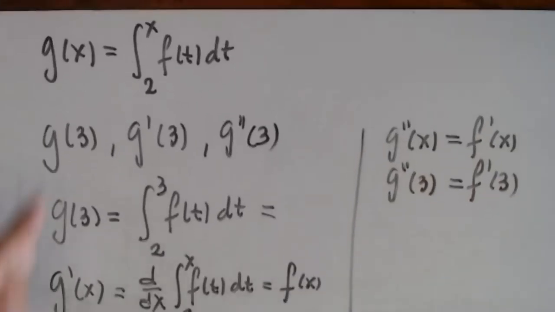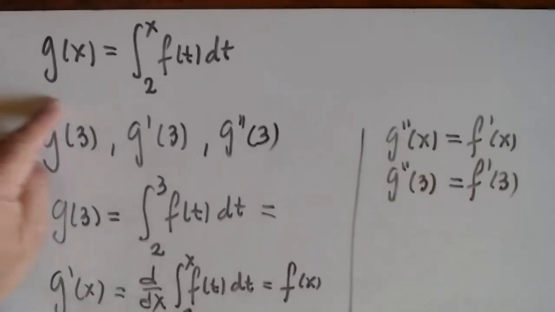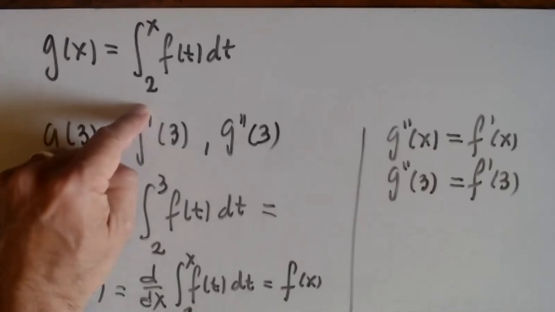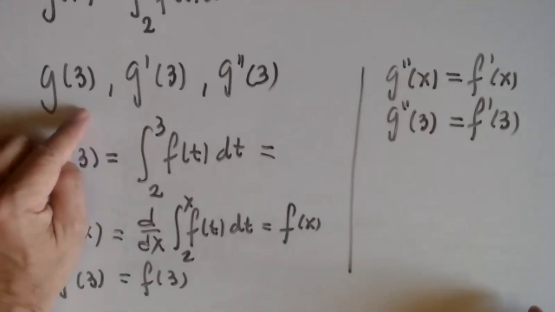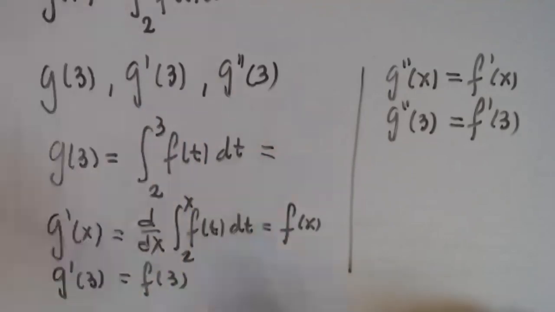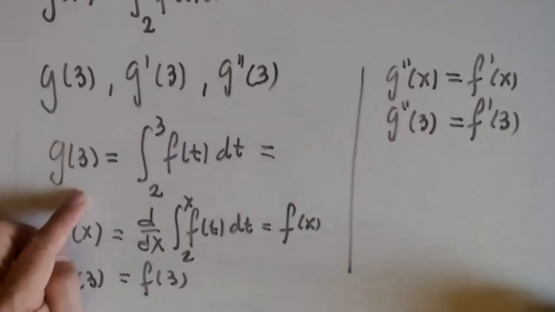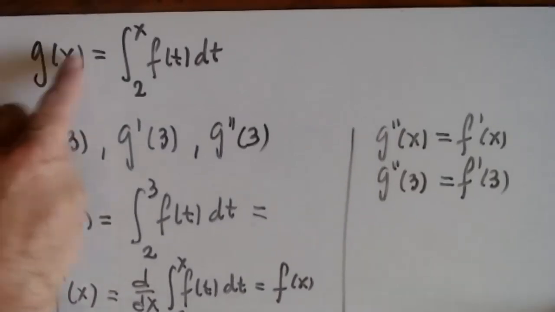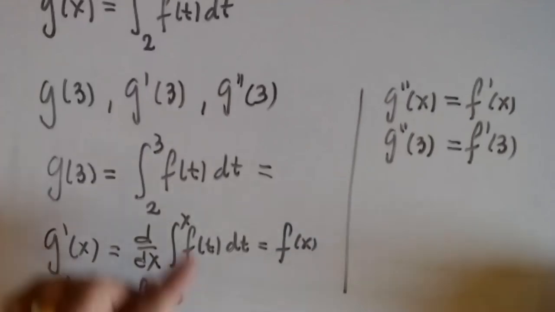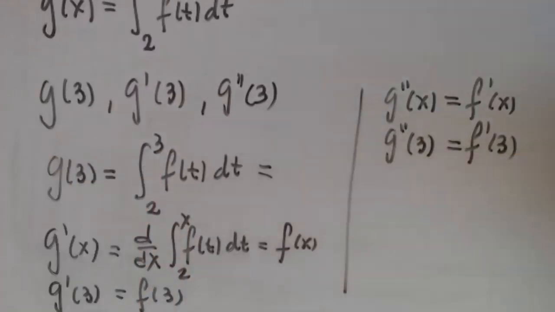This is what you have. This is the way the function is defined, the integral from 2 to x of f(t) dt, correct? Then you have to find g(3), g prime of 3, and g double prime of 3, correct? Now, g(3) is this integral evaluated at 3. So you put a 3 here and 3 here. So you have the integral from 2 to 3 of f(t) dt. That is the area between 2 and 3.